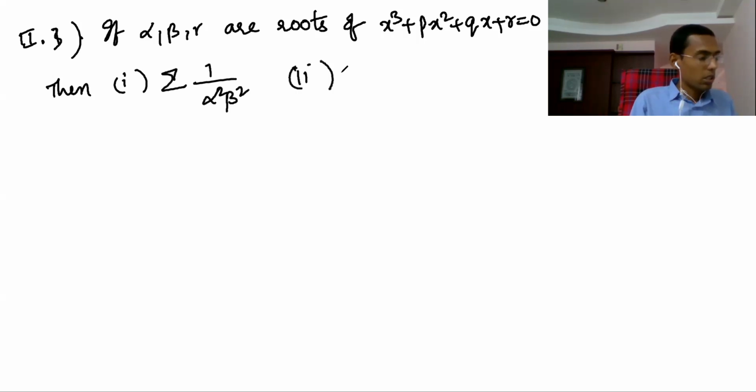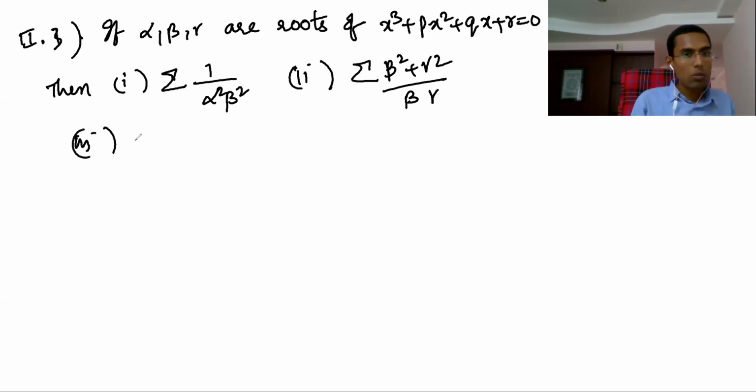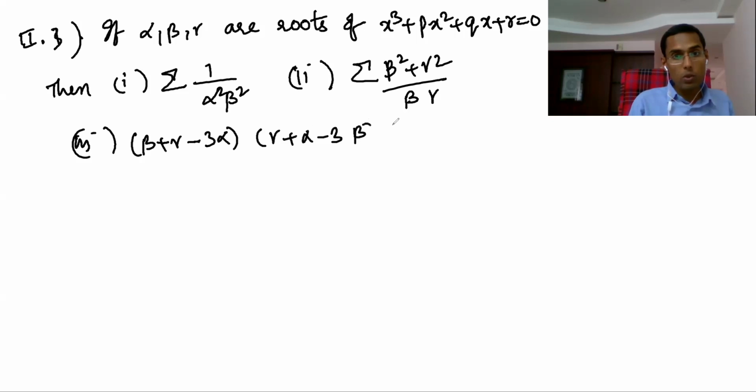Second, summation of beta square plus gamma square by beta gamma. Third, beta plus gamma minus 3 alpha into gamma plus alpha minus 3 beta into alpha plus beta minus 3 gamma. Fourth, summation alpha cube beta cube. All right, this is the question.